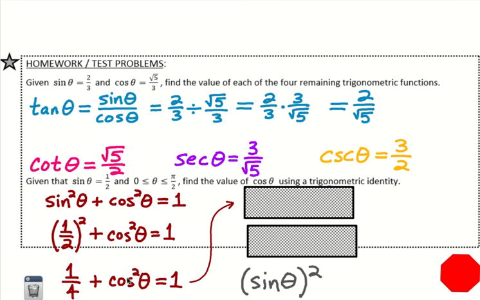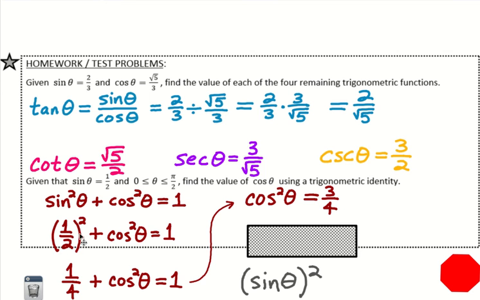We're going to continue to solve for cosine of theta, so let's subtract 1/4 from both sides. Again, we are subtracting 1/4 from both sides of the equation. We've gotten cosine squared of theta by itself, but we want to know what the cosine of theta is. So, cosine squared of theta equals 3/4.